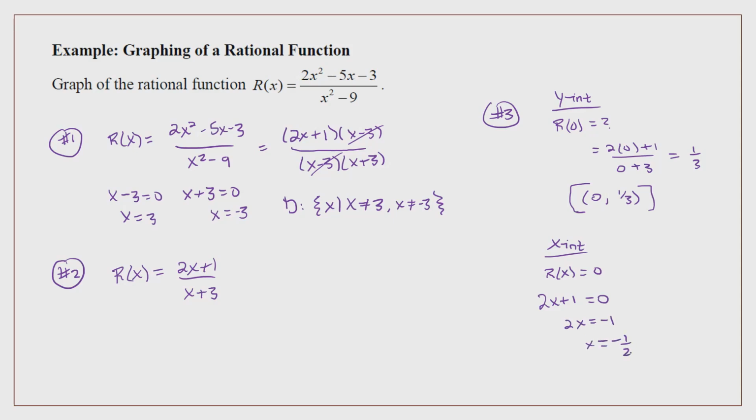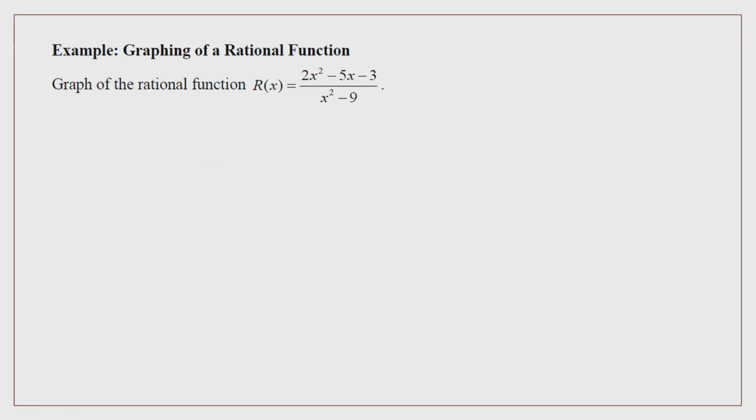So x equals -1/2, which gives me the x-intercept (-1/2, 0). So I now have one y-intercept and one x-intercept. So the next part is to find our asymptotes.